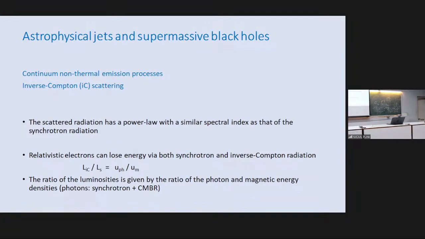So when the photon density is large, which means in compact sources, inverse Compton can dominate over synchrotron. And also at high redshifts, for example. Why? Because you heard about the cosmic microwave background radiation, right? And that radiation energy density keeps increasing with redshift, right?